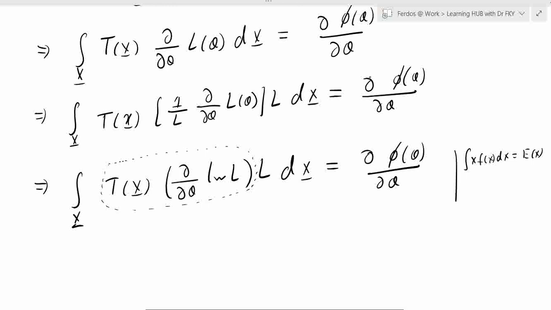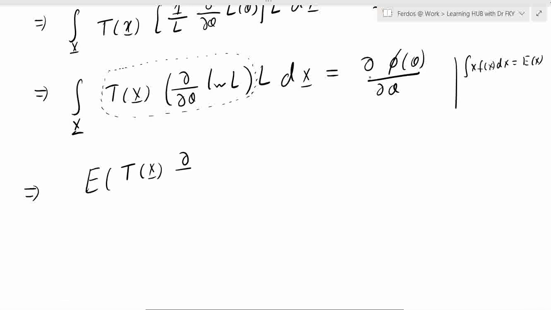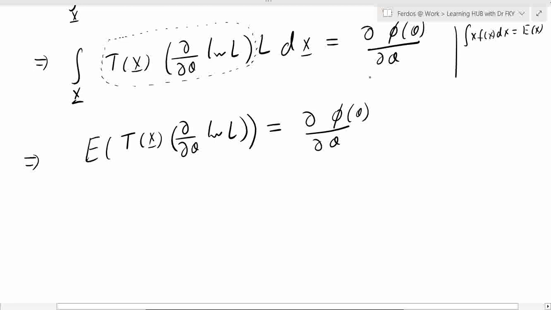So this means that now you can write this as the expected value of T of x times the partial derivative of log L, and this is equal to the partial derivative of this. And you can write this as equal to the covariance of T of x and this thing.